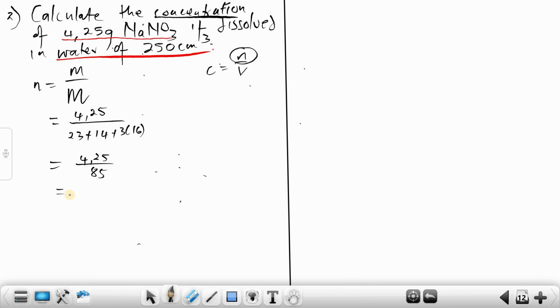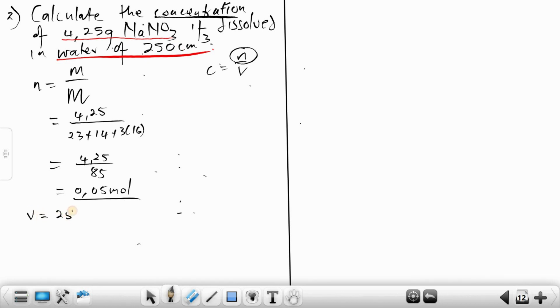Then the final answer will be 4.25 divided by 85. This will give us 0.05 mole.